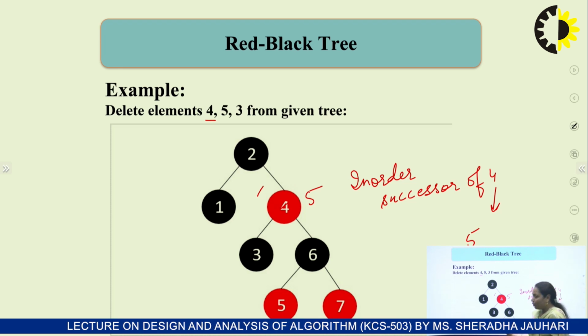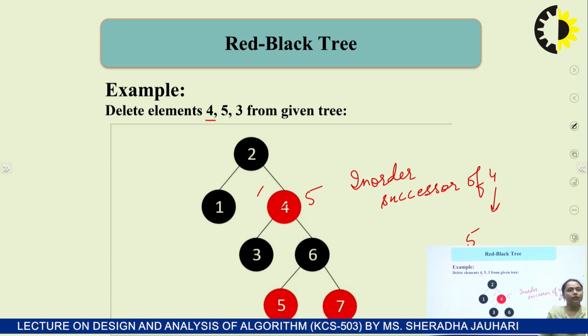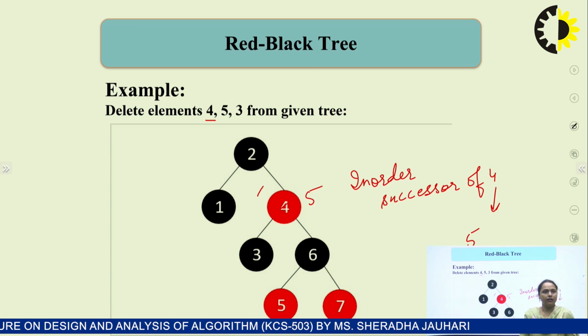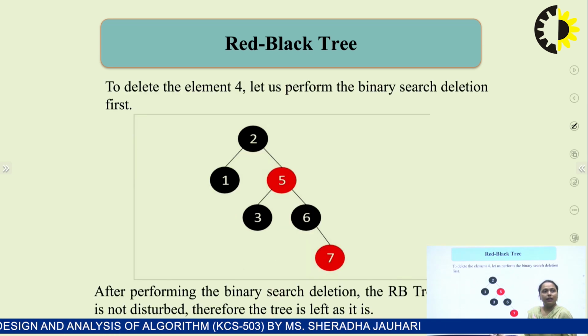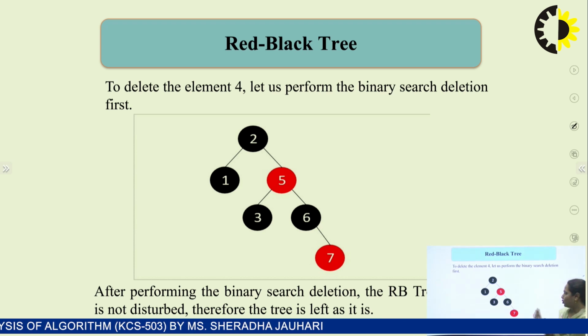This 5 is red in color, so as case 1 says, we can simply delete it. So we deleted the node 5. There is no other impact on the tree.